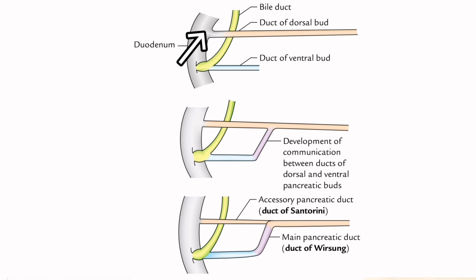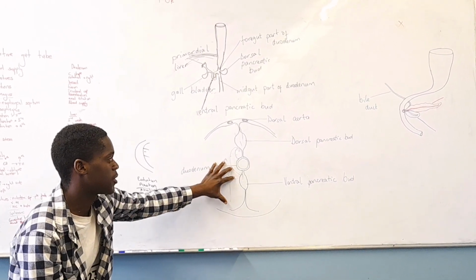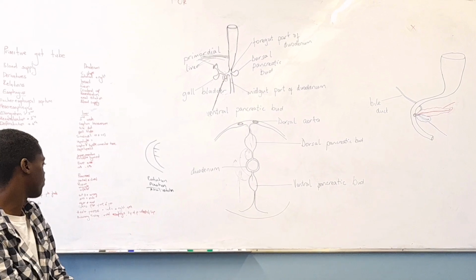This area where it empties, we call the minor duodenal papilla, and we refer to that duct as the accessory pancreatic duct of Santorini, right? So those are the ductal systems of the pancreas.